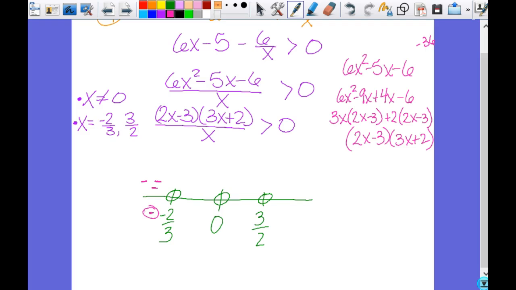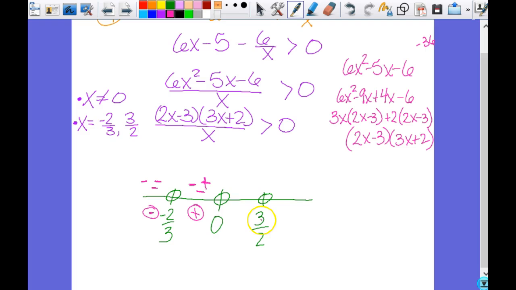Then I plug in, let's see, I could do a negative 1/2. So negative 1/2 in here is going to give me negative. Negative 1/2 in here, what would happen? Positive or negative? Negative 1/2, what's 1/2 of 3? 1.5, so it would be positive. And then this would be negative. This is positive overall.